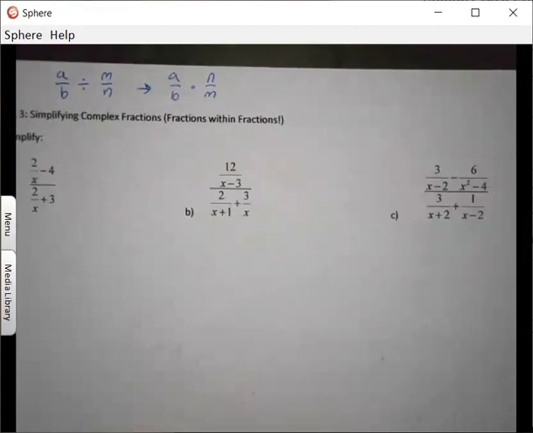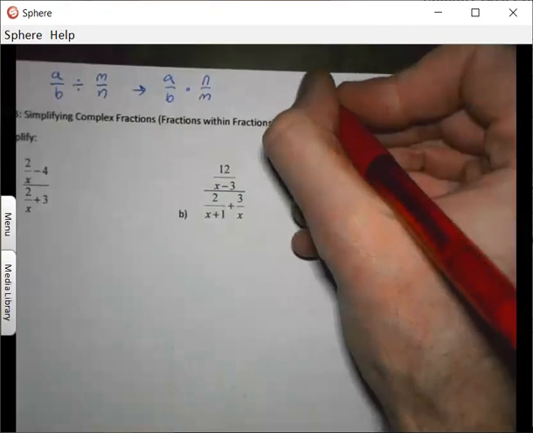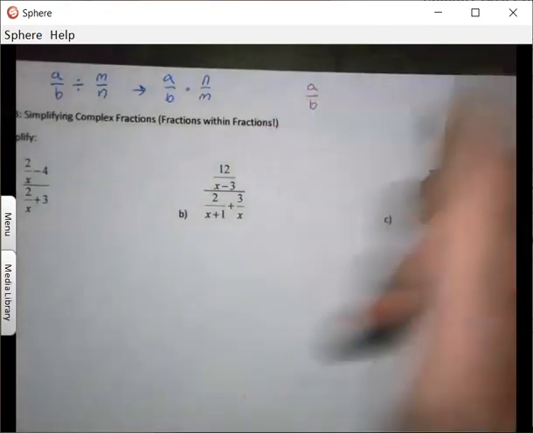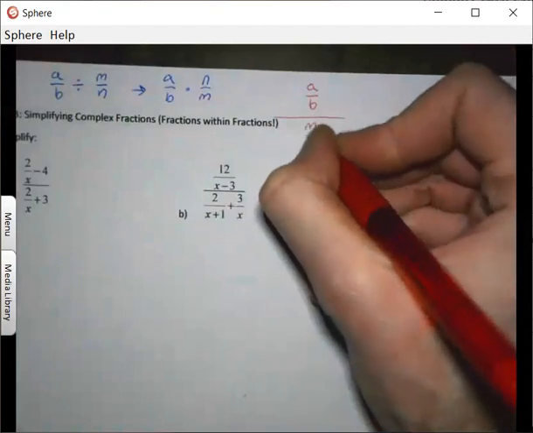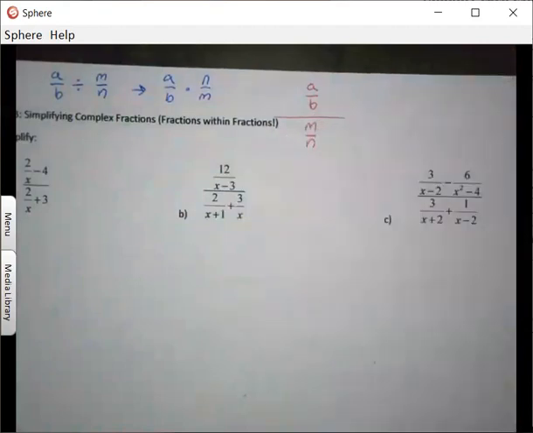So I can write a over b divided by m over n in a different way. I can say a over b divided by m over n. Now I want to simplify this. And as usual, if you want to simplify an expression, you can't change the value, so we can only multiply by 1.